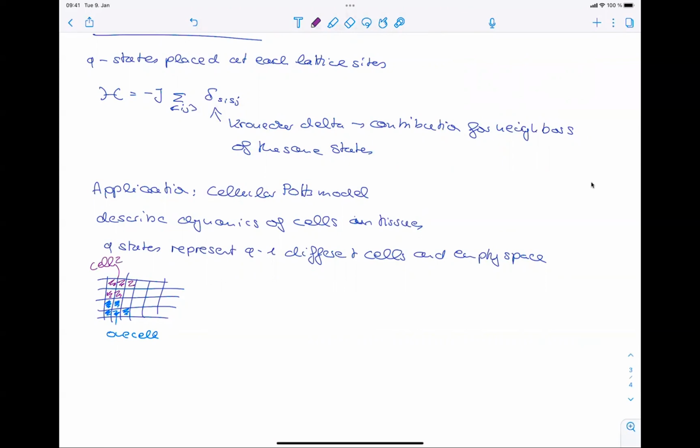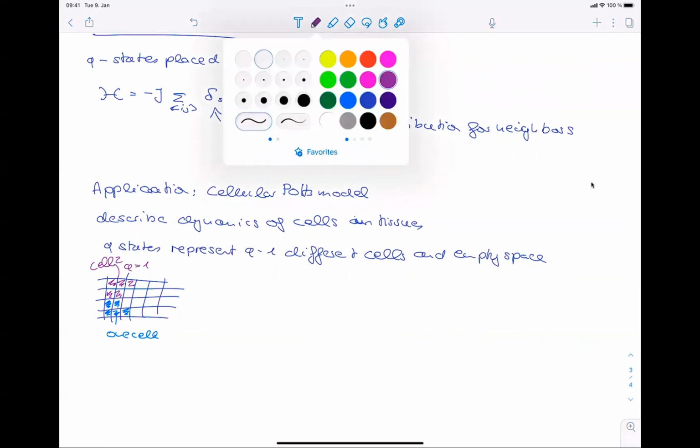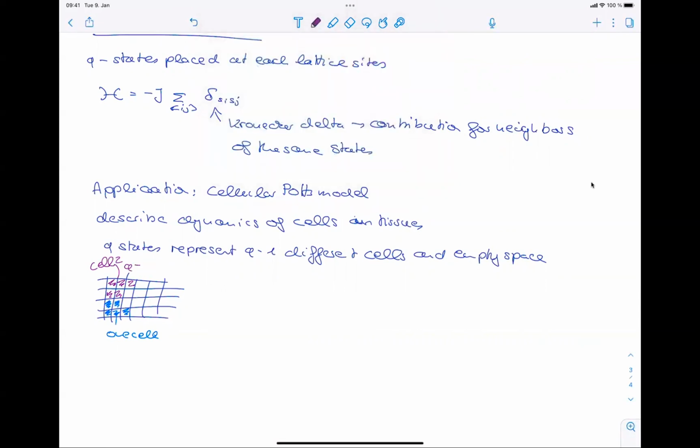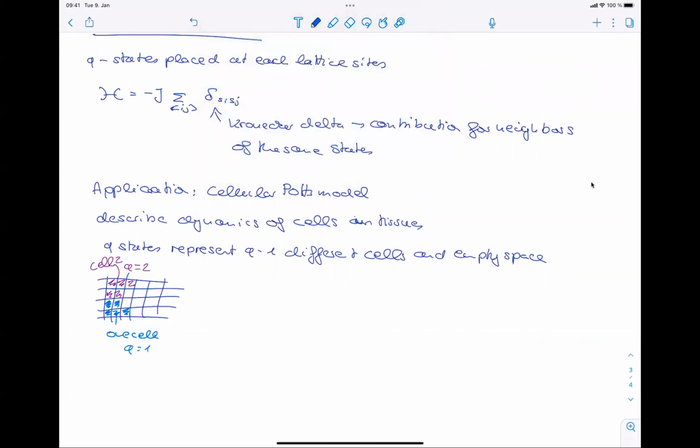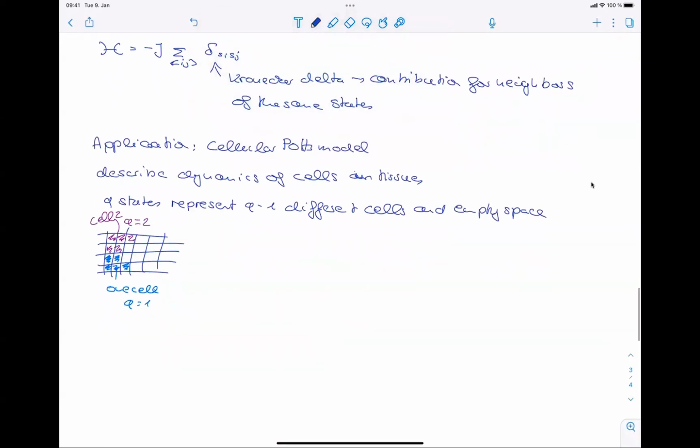They would be enumerated within the model as, say, this is the Q equal 2 state, and this is the Q equal 1 state. So I could define as many cells as I want to study in my simulation, give them their Q values, and then follow their dynamics by looking at their interaction.